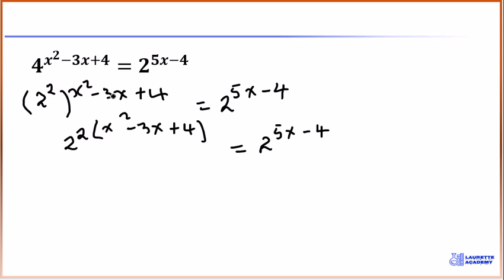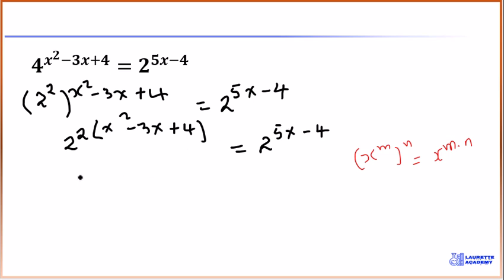On the left hand side here, I used the property of exponents that says x to the power m to the power n is the same as x to the power m times n. As you can see, the bases are the same. We have 2 on the left hand side and 2 on the right hand side.